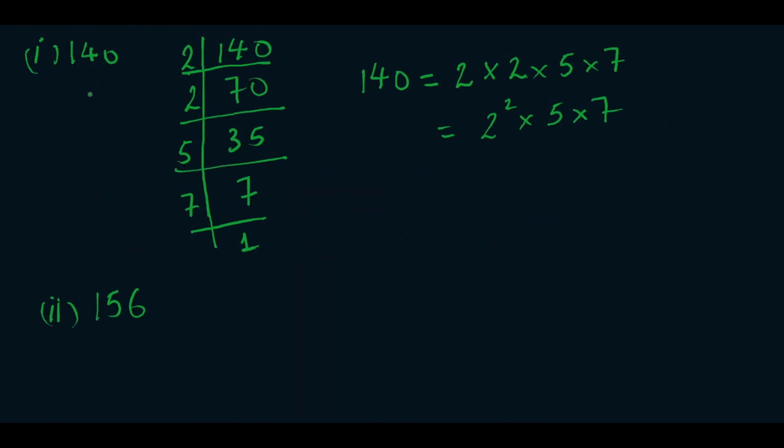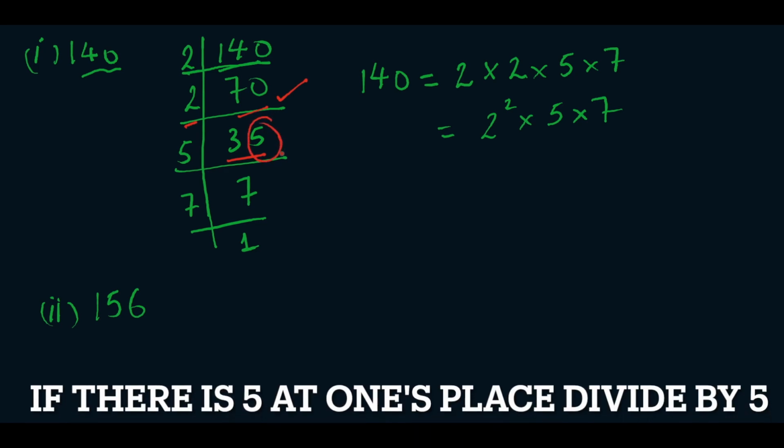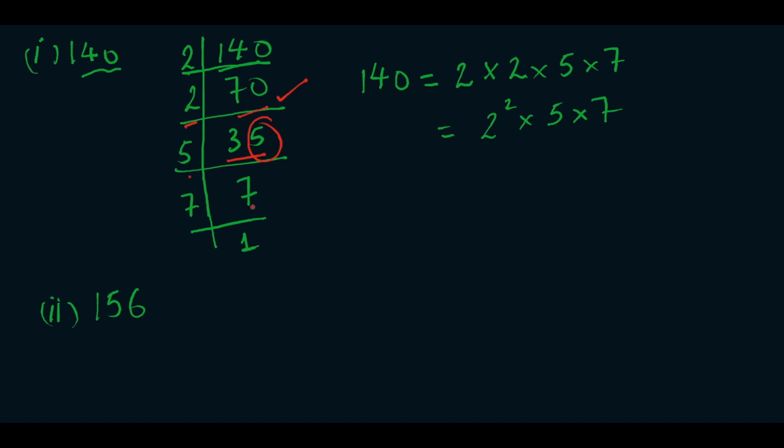Now we are given question 140. We need to express this in the form of prime factorization. This 140 is an even number, so first we will divide it by 2. We divide 140 by 2, we get 70. Divide again by 2, you get 35. Whenever there is a 5 at the ones place, you can always divide by 5. 5 sevens are 35.